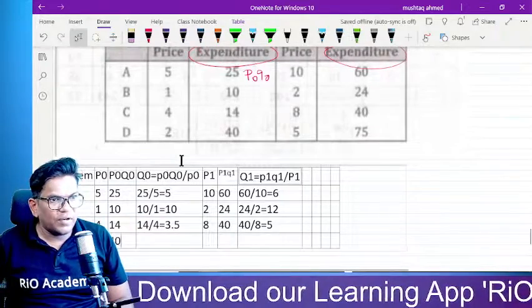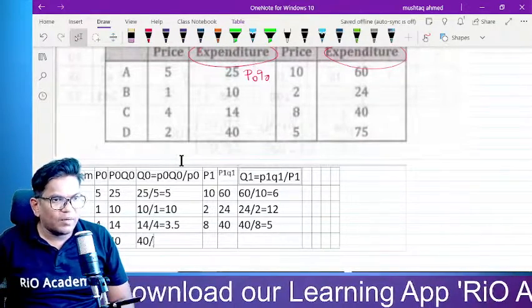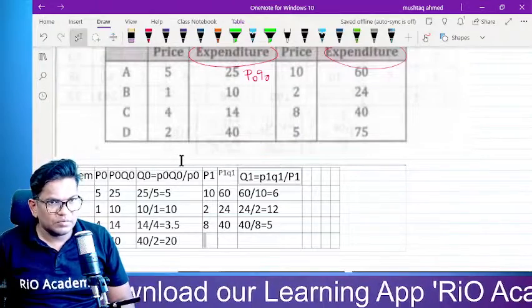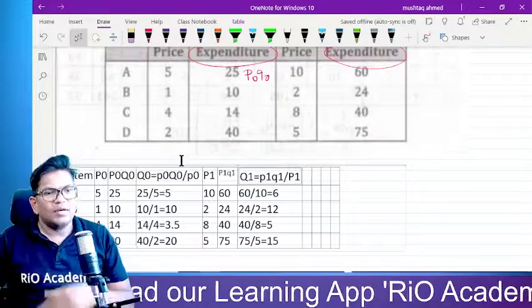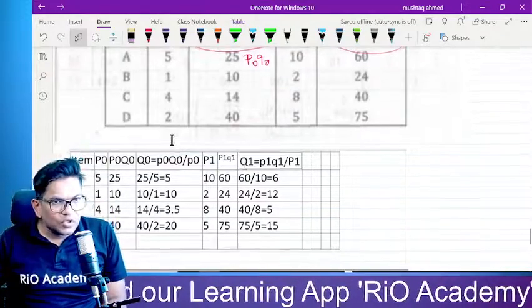D: 2 they are given, 40 they are given, 40 divided by 2, that is 15. Right? So we got all of them now.